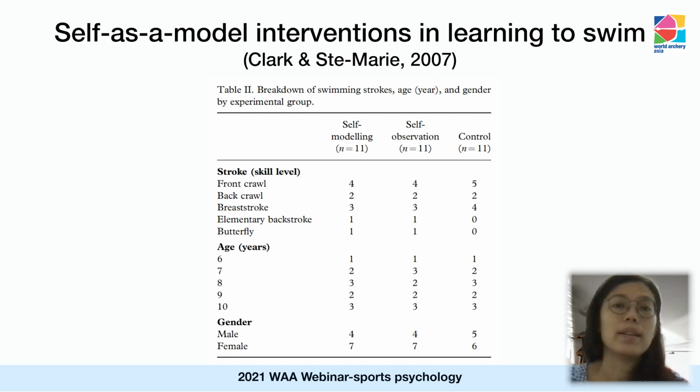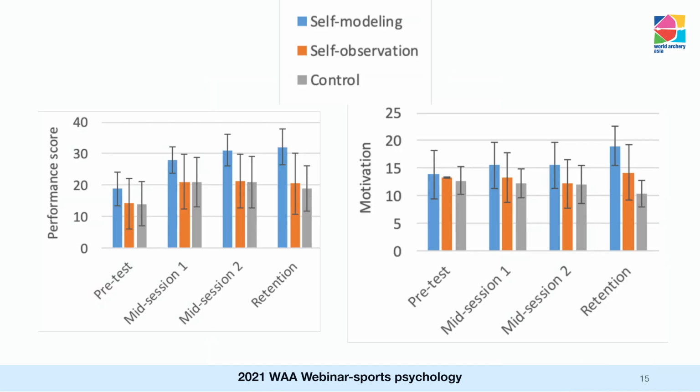So they are not only seeing their movement, but they only see the good movement. And let's see, this is the performance score. In the beginning of the training, they were not different. And when the training is in a mid-session and also in the retention, we can find the self-modeling group is way better than the other two groups.